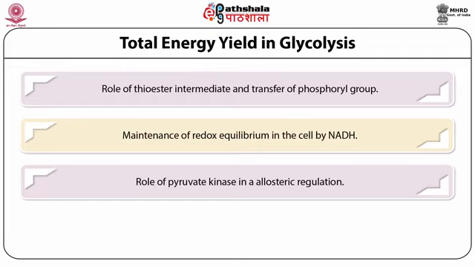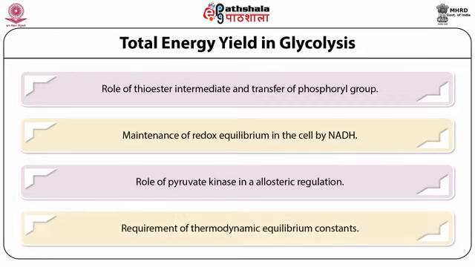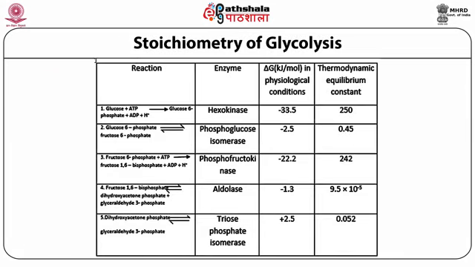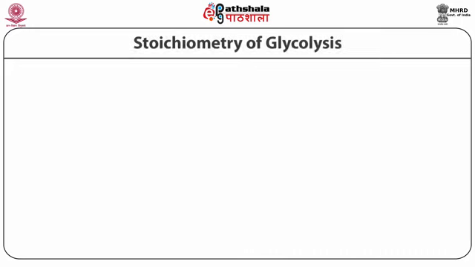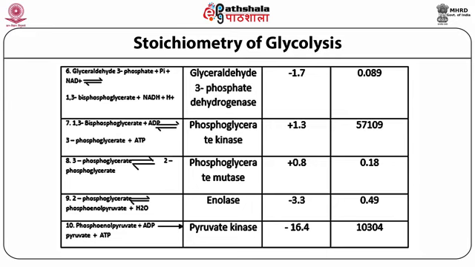To represent the stoichiometry of glycolysis, we require the value of the thermodynamic equilibrium constant. The steps that I just discussed have been shown in this flow chart and table with related enzymes and thermodynamic equilibrium constants. It also shows the stoichiometry of glycolysis.